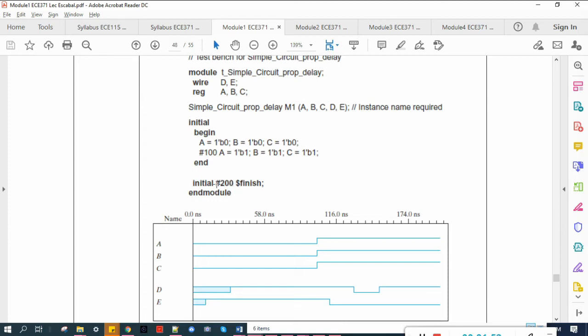If we place this #200 $finish statement inside here after this statement, then the whole simulation will end after 200 plus 100, so 300 time unit delays. So that's the difference.